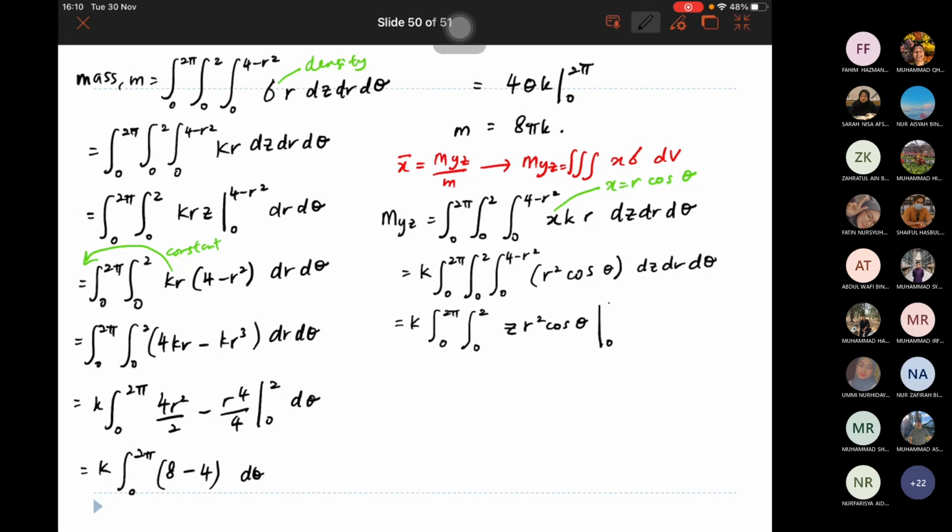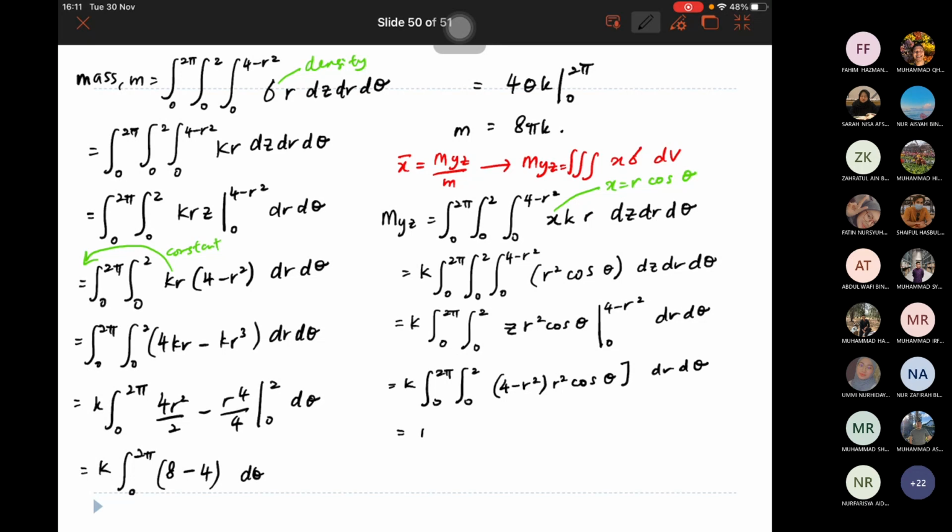Okay. 0 sampai 4 tolak R squared dr d theta. K integrate kosong sampai 2 pi, kosong sampai 2, 4 tolak R squared cos theta dr d theta.